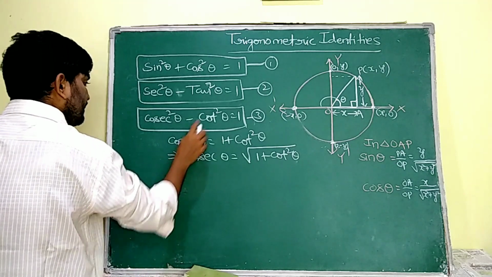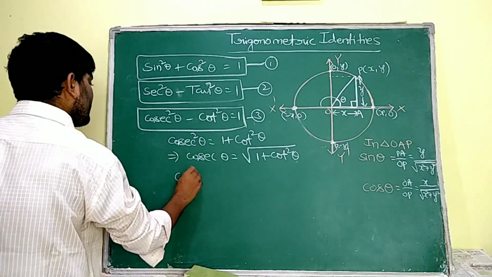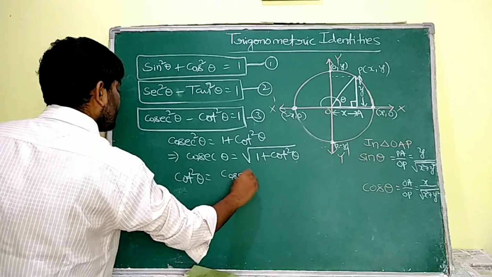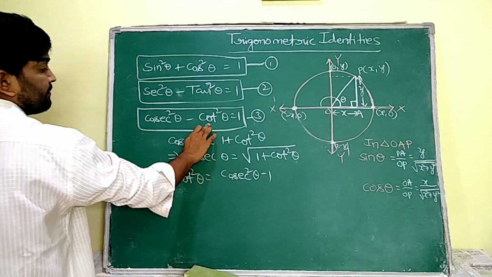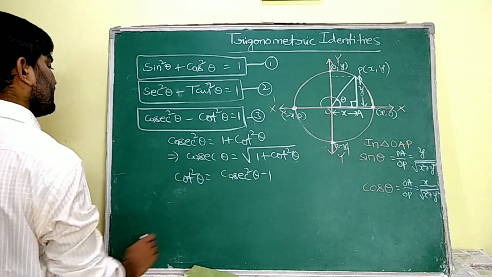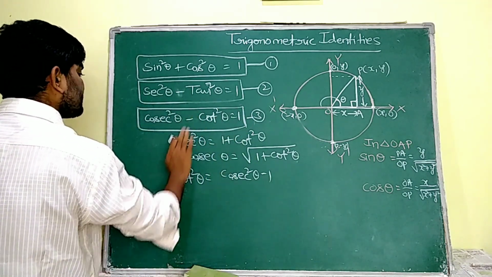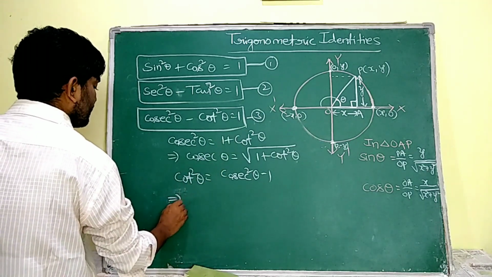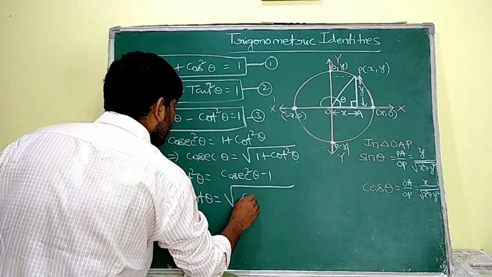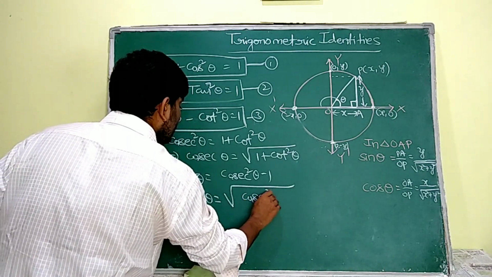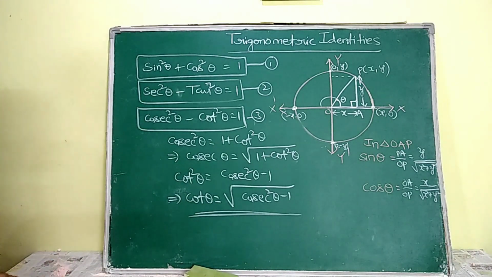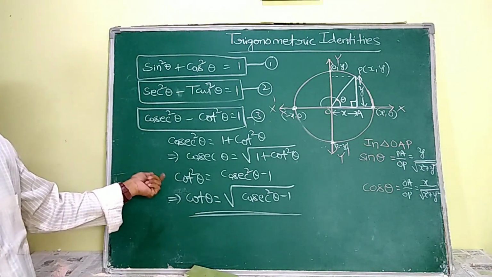Now cot square theta: transfer this minus cot square theta to that side and bring this 1 to this side. Then cosecant square theta minus 1 is equal to cot square theta. By this, cot theta is equal to root over cosecant square theta minus 1. These are the relations in the identity 3.